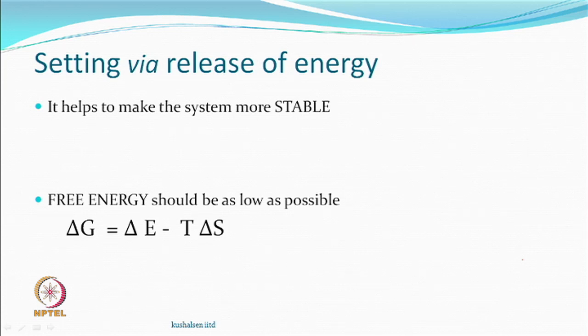So, the simple equation that you have already gone through, the free energy equation: delta G is equal to delta E minus T delta S. We understand one term called the entropy, and this is the internal energy.